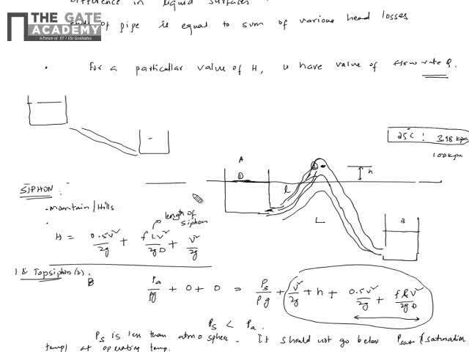So if PA is 100 kPa, PS will be less than 100 kPa, but if the temperature is 25, it shouldn't go below 3.98, because if it goes below, there's a chance of cavitation.